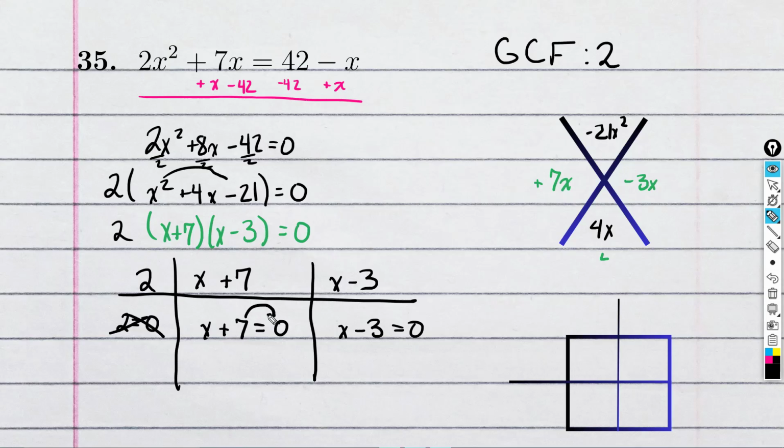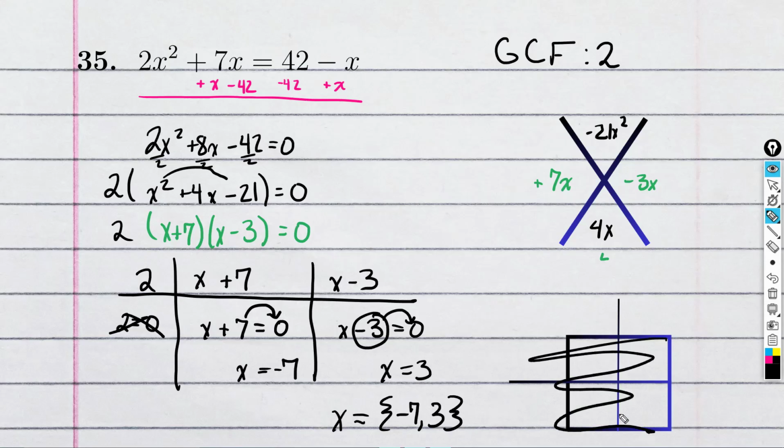When we move our 7 to the right-hand side, it becomes a -7. We move our -3 to the right-hand side, it becomes a +3. And so my answer is x equals the set of -7, 3. And I didn't have to use this chart because our a, after we factored out that 2, was 1.